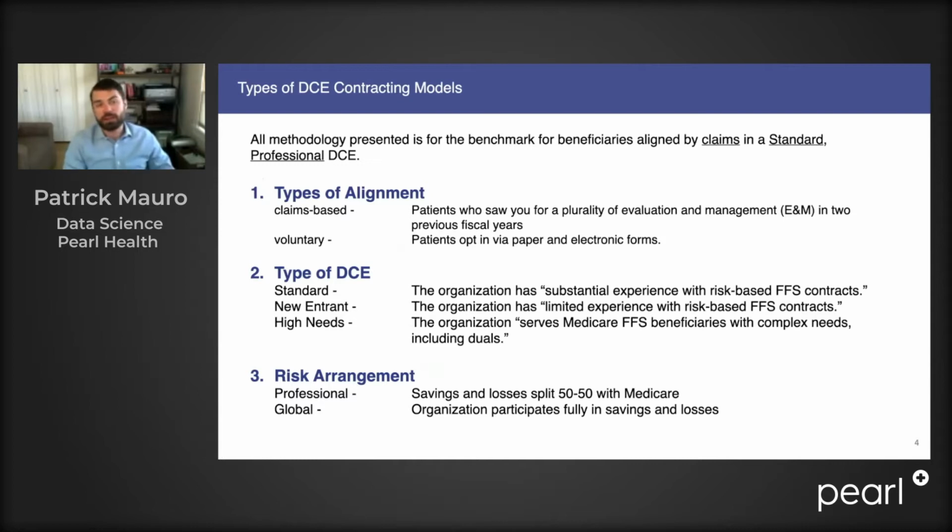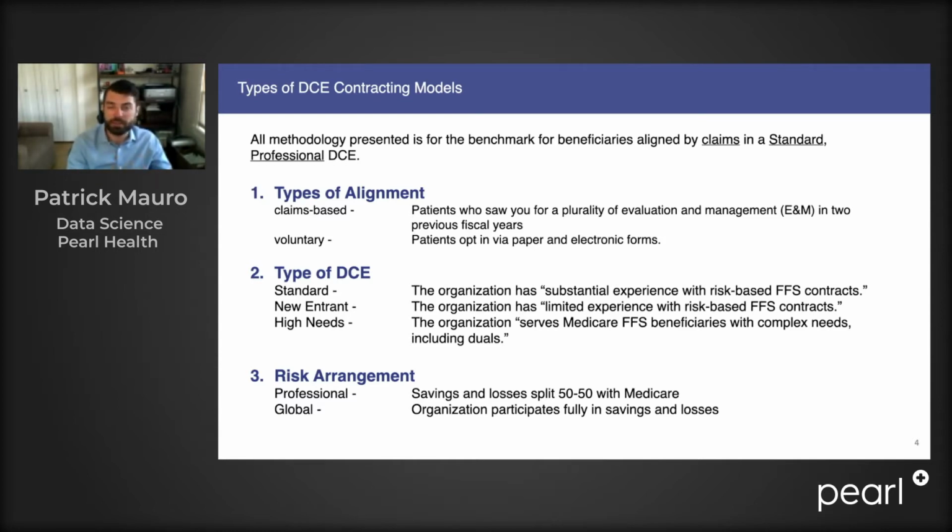So another caveat is that we are talking about a very specific benchmark calculation. There are a couple of different flavors of direct contracting entities that are created by this program. We are talking about a standard professional DCE and the benchmark that's attached to its claims aligned beneficiaries. So what do I mean by this? There are three main axes on which we can characterize direct contracting entities.